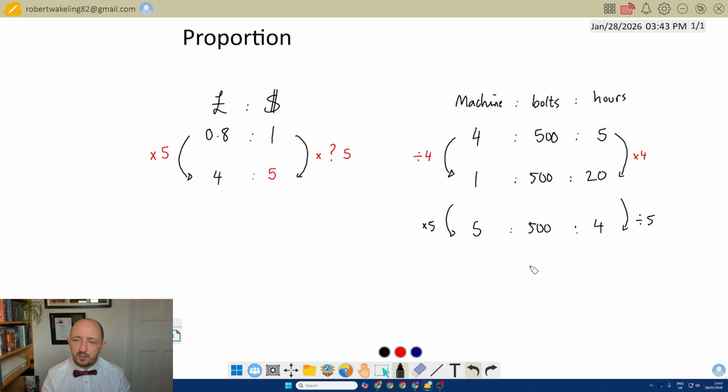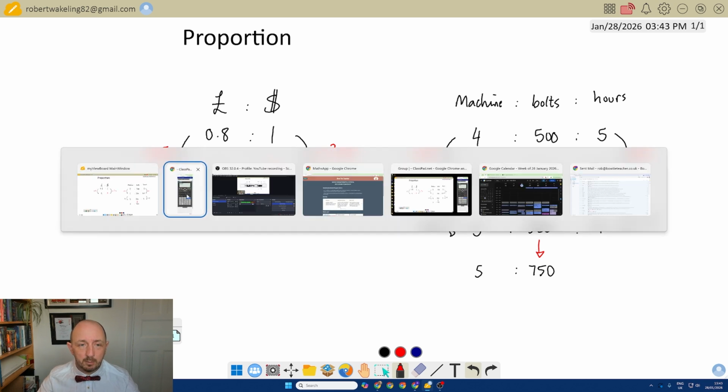What about if it was 750 bolts? And same number of machines, so that hasn't changed. What would happen to the time? So here, we've increased the bolts that we need to make to 750. We might not know what that multiplier is.